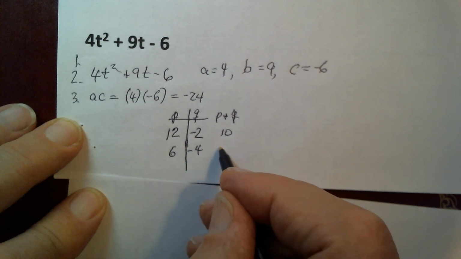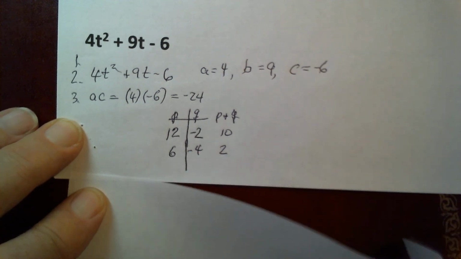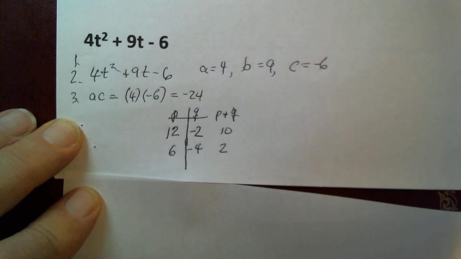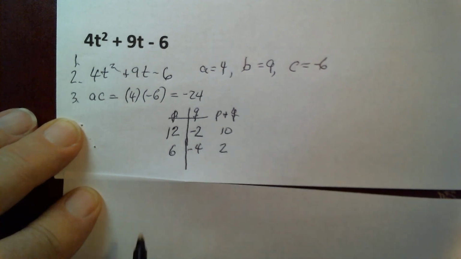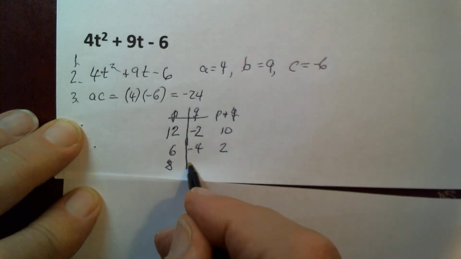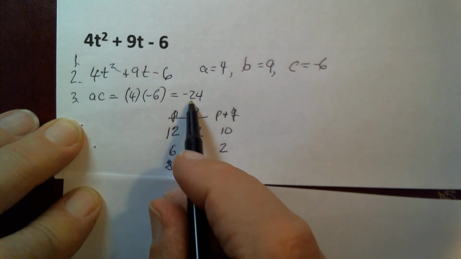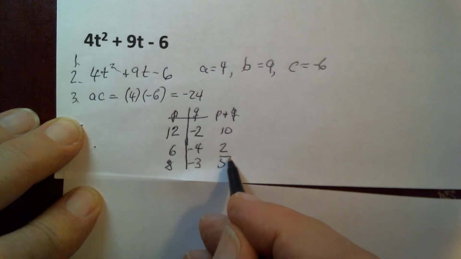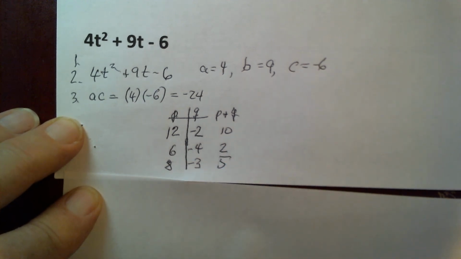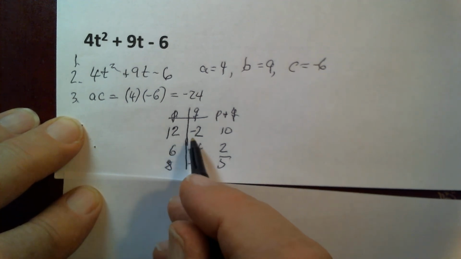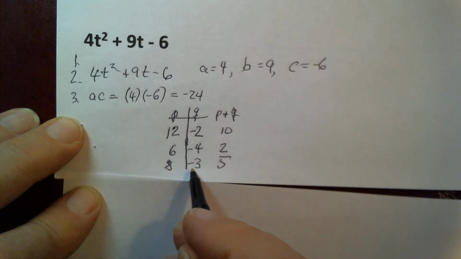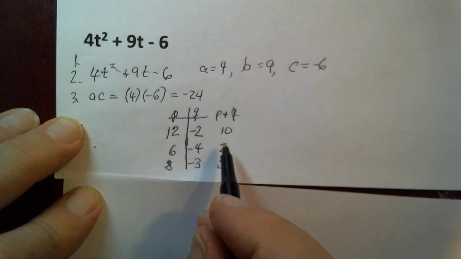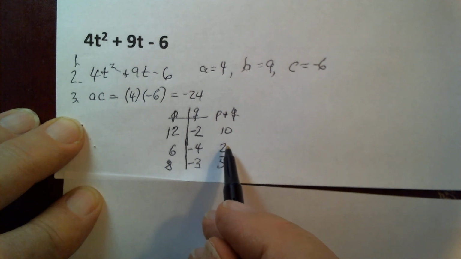But the sum then would be equal to 2. And as we go through these factorizations, like 8 times minus 3, again, the product is minus 24, but the sum is equal to 5. And that's pretty much it, because the next factorization would be negative p times positive q, in other words, minus 12 times positive 2, but there would be a negative sum.